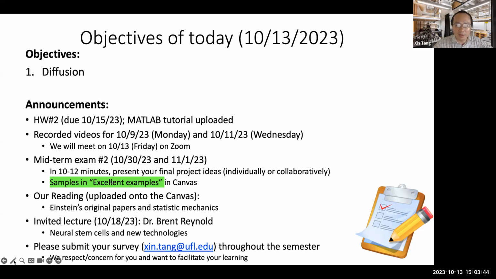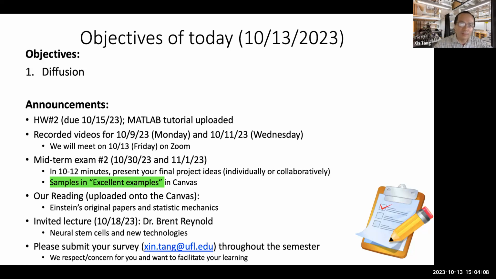The final project contains two things. One is the presentation. In the final presentation, you will present the enhanced version of your presentation in midterm exam number 2. And also you will write a final report to summarize your final presentation.